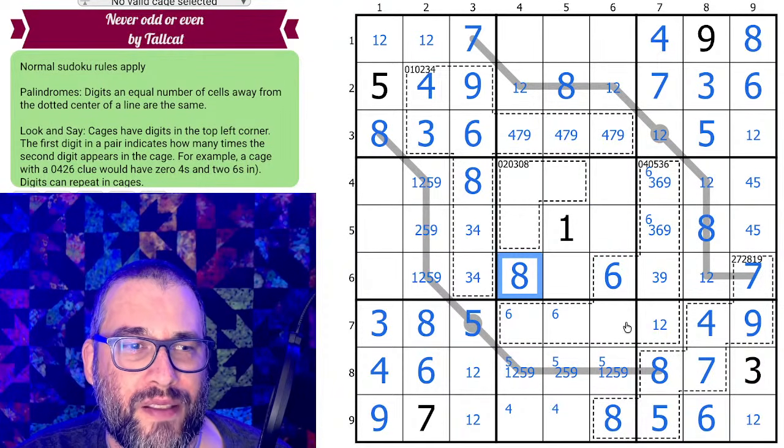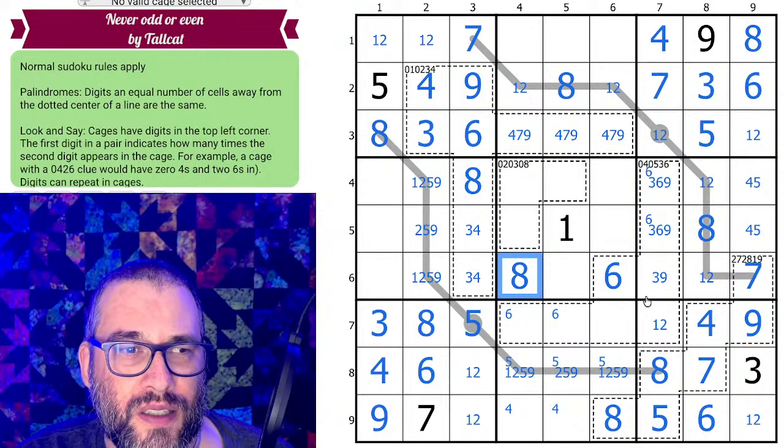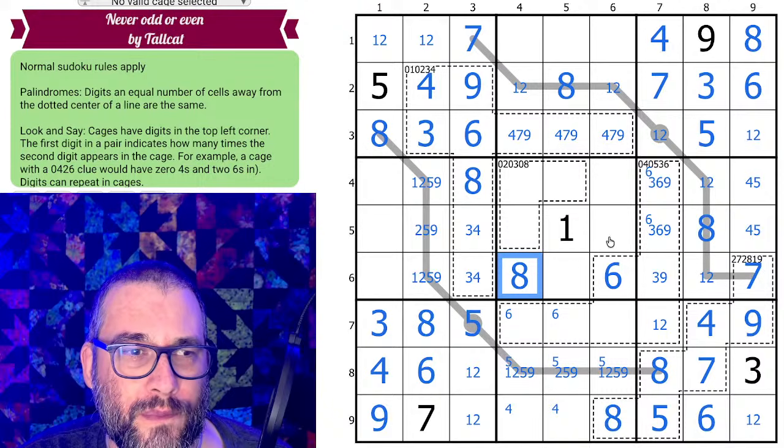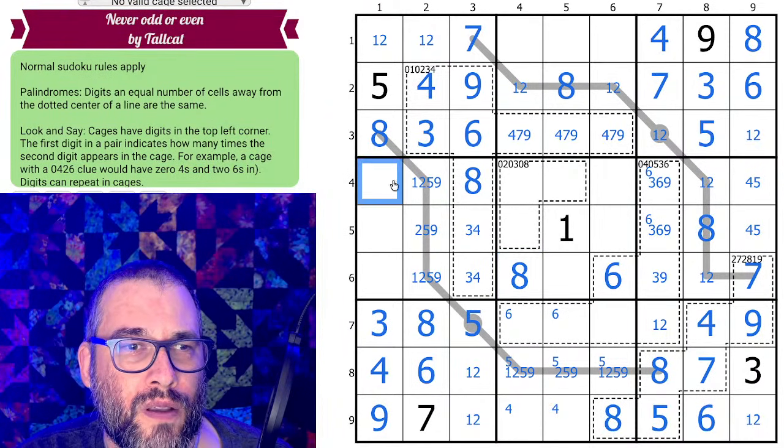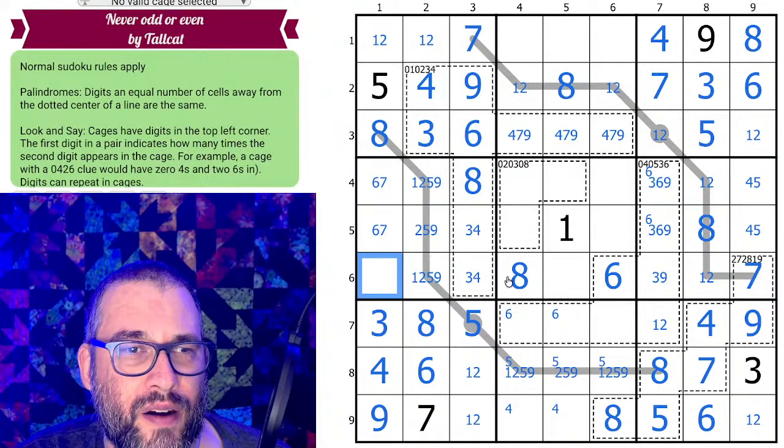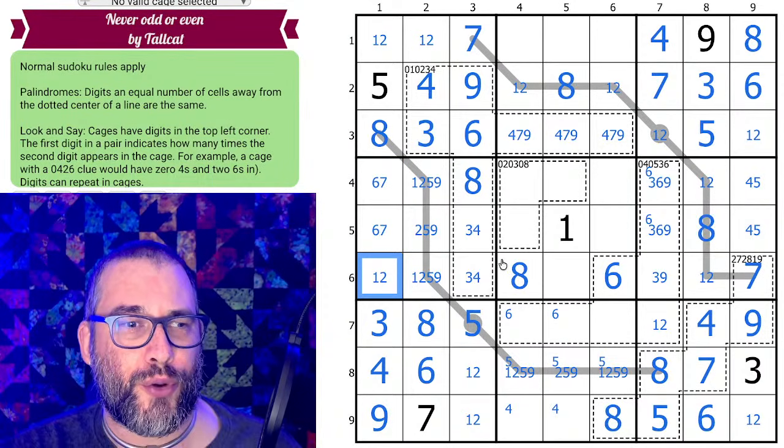We already have an 8 in the box. But we're running out of places for 2 and 3. 6, 7 pair here, and that's the other 1, 2.